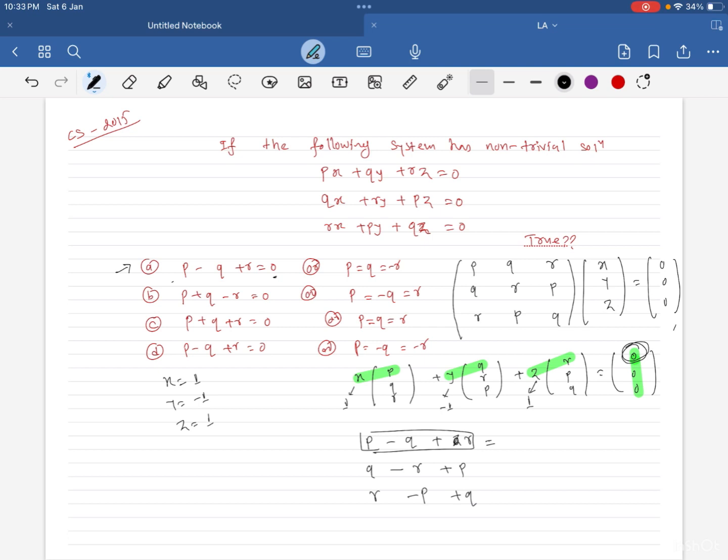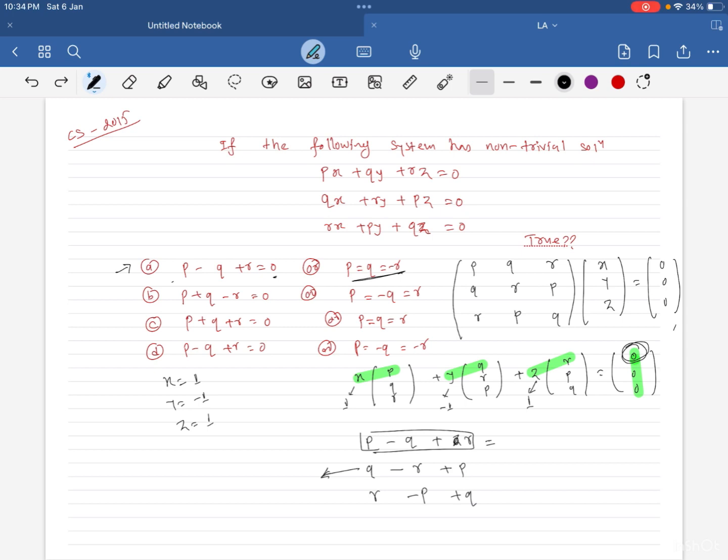according to this condition, if we try to solve this, p is equal to q. That will not get cancelled, but we can take q is equal to minus r.